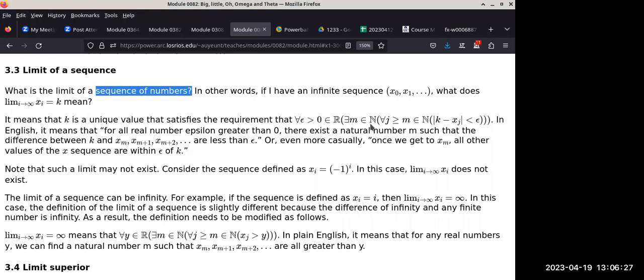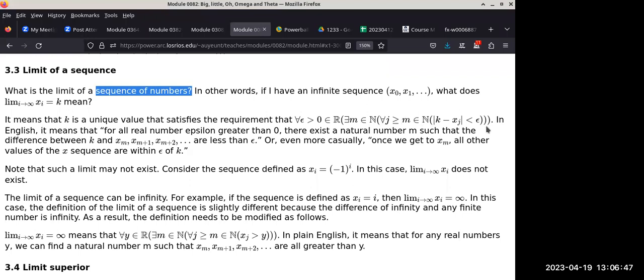Let me point to the values here. If somebody says, hey Tech, this is the epsilon, I'm challenging you, this is the epsilon I'm giving, the question is, can I find an m as a natural number such that this part is true?